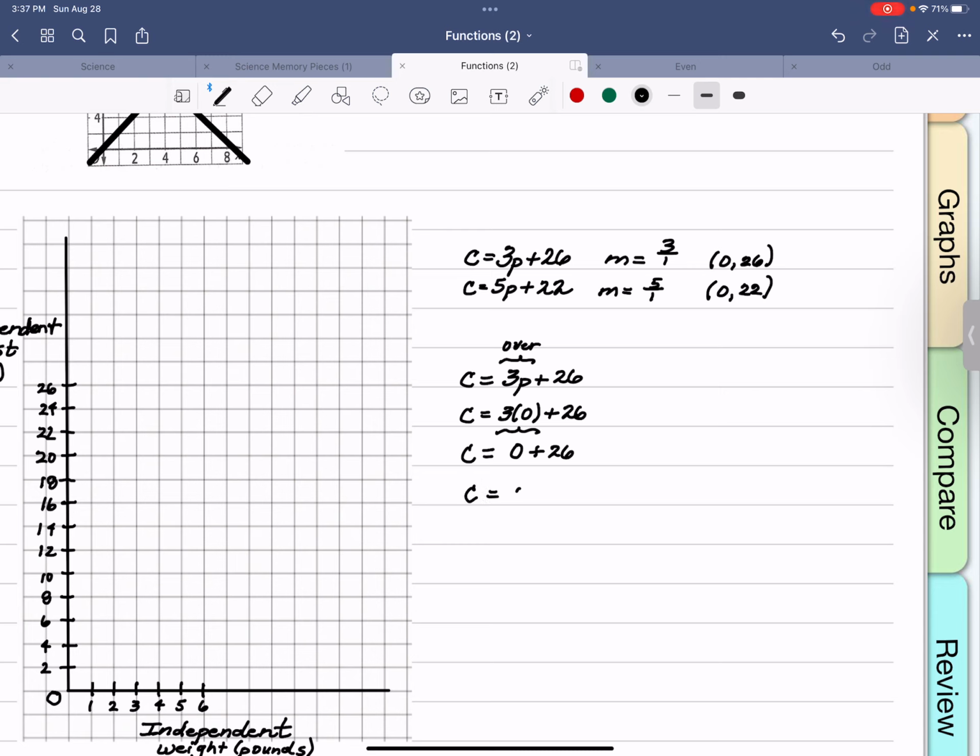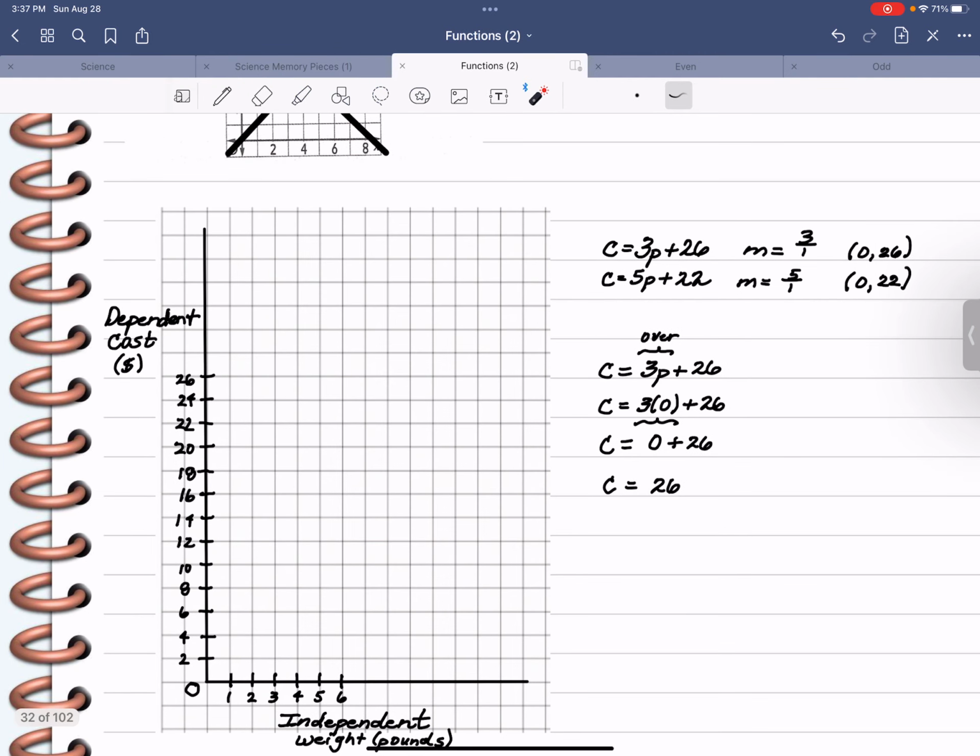So at 0 pounds, the cost is 26. That's why I can tell you with certainty that this intercept is true. You have no weight, but you still have to pay the handling fee. So let's go ahead and plot that particular point on the graph: 0 pounds, but you still have to pay $26.